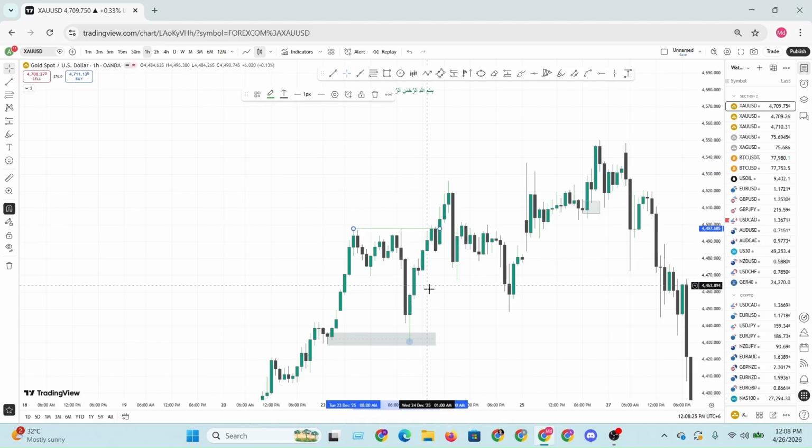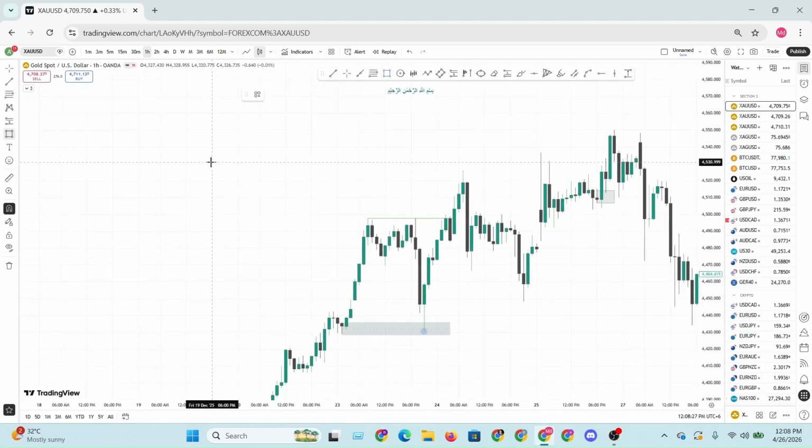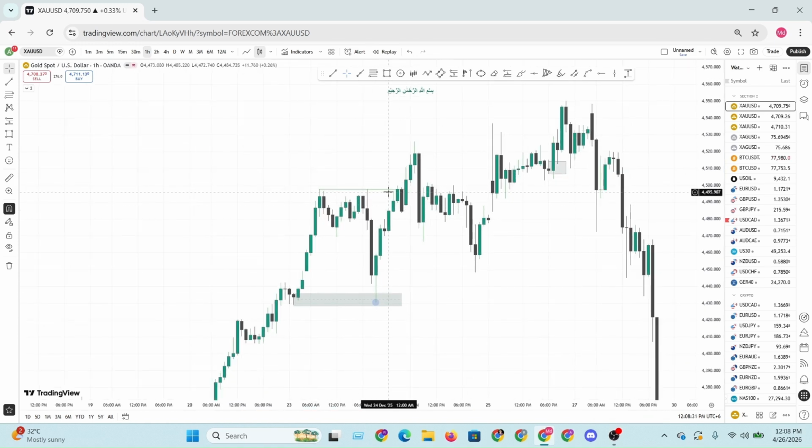on a structure break. So there are no POIs from the previous level. So it took its liquidity, the previous high liquidity, and came back to another POI.